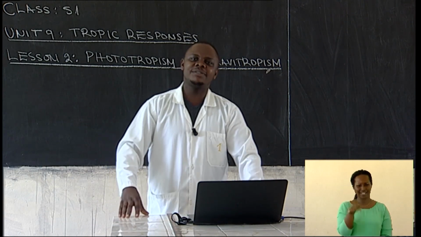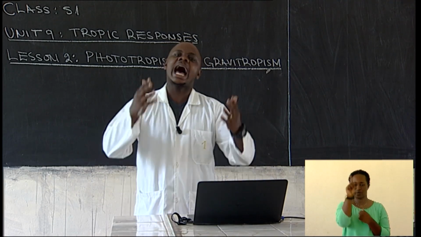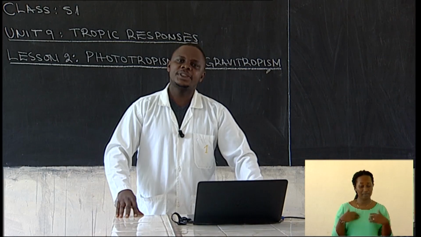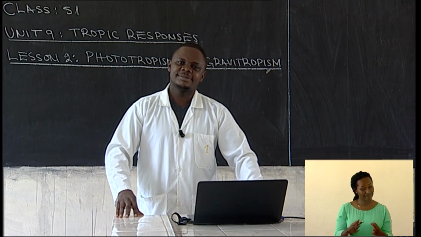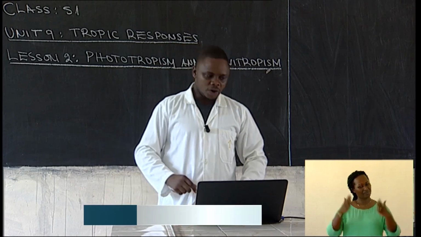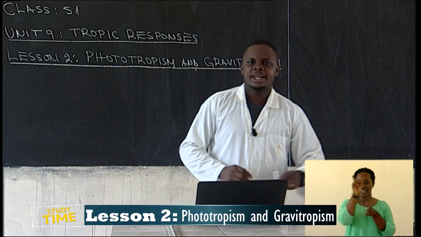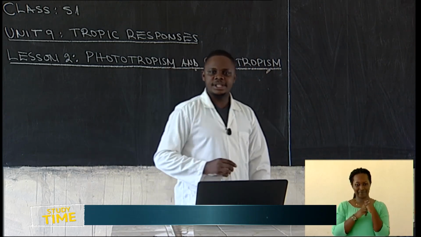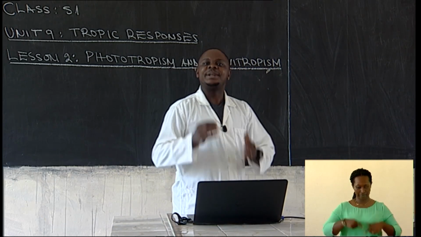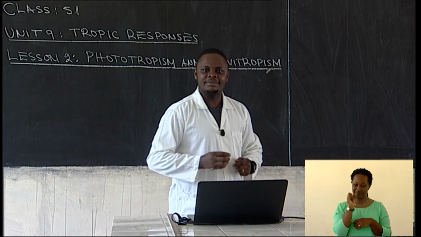Yes, plants are living organisms. Another question is, are animals living things? Excellent. Animals are living organisms. Do you remember the 7 characteristics of living organisms? If so, can you mention them?